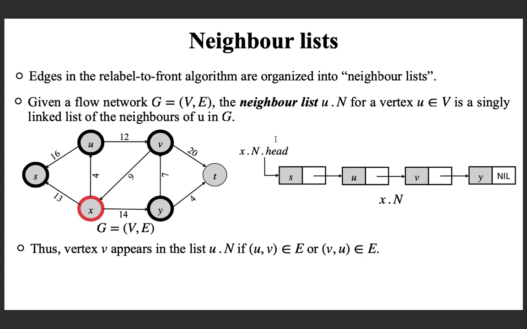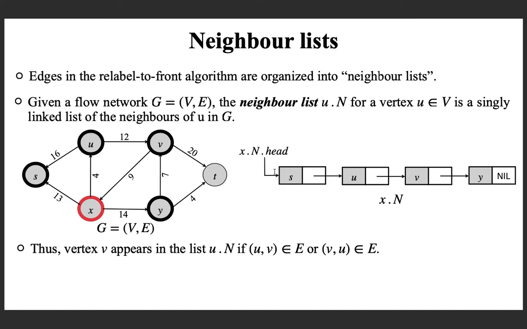The header node, or the first node in the list, is pointed to by the head field of the neighbor list. The neighbor list is u.N, and it has some fields.